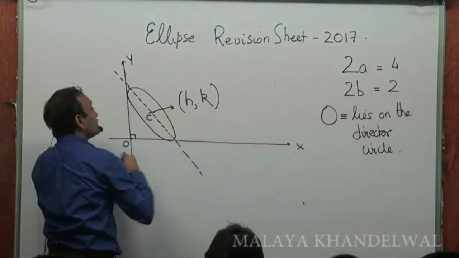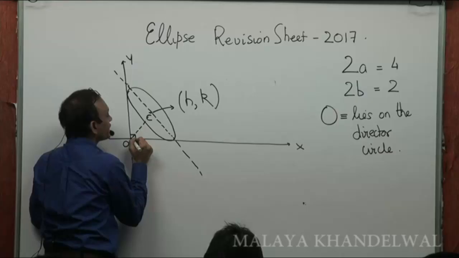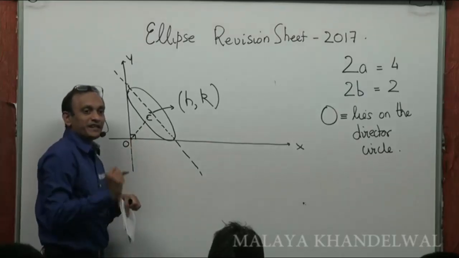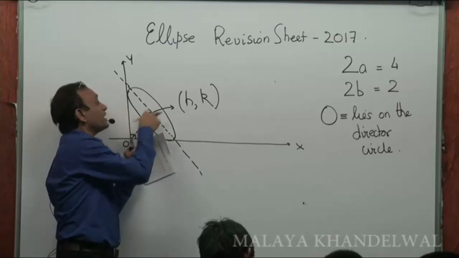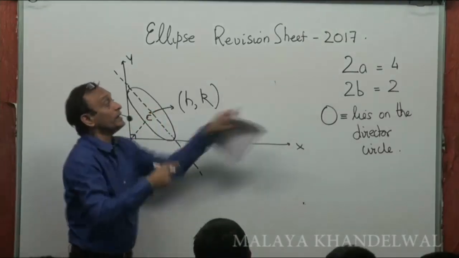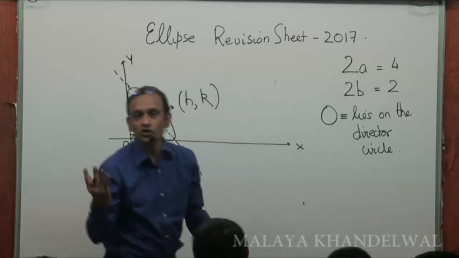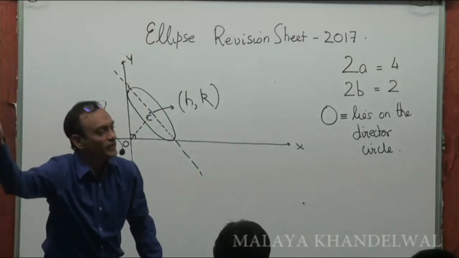And do you realize that the radius of the director circle will be OC? That means at all times, C will move in a manner that OC squared will be a squared plus b squared, because O lies on the director circle. Distance between O and C will be the radius of the director circle.